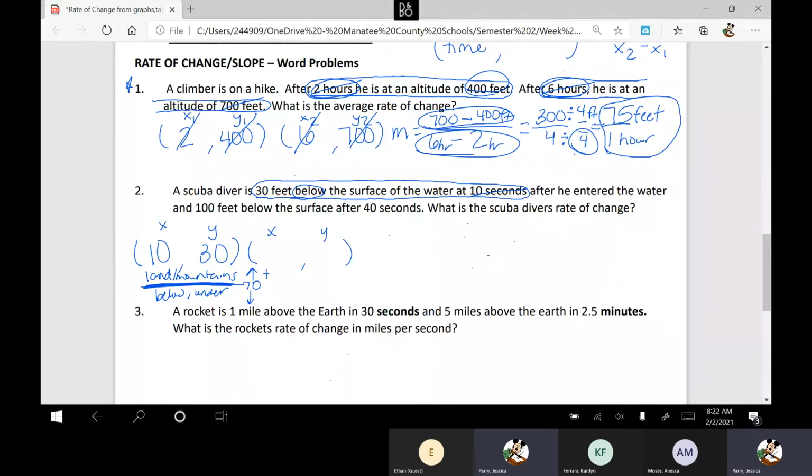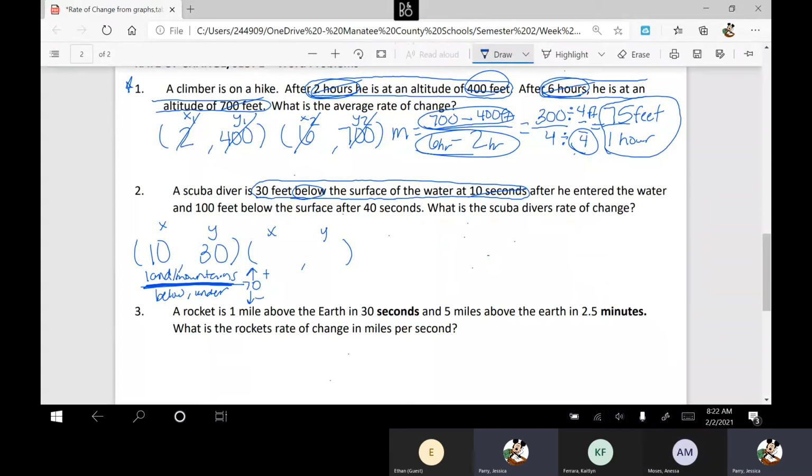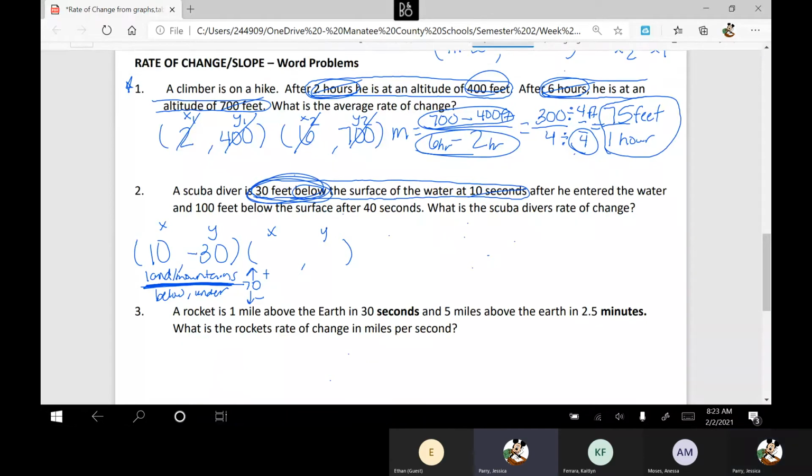That means these numbers down here are what? If it's below 0, what kind of number is less than 0? Negative, perfect. So that means since this 30 feet is below the surface, it's going to be a negative 30.